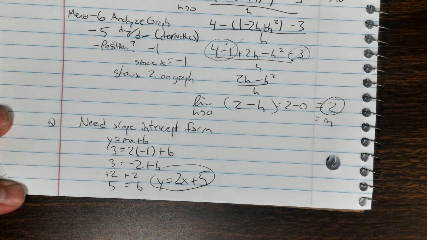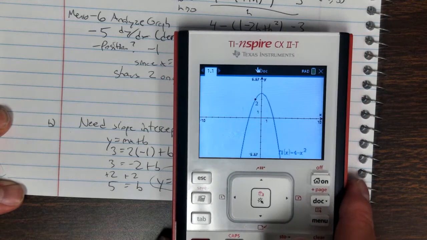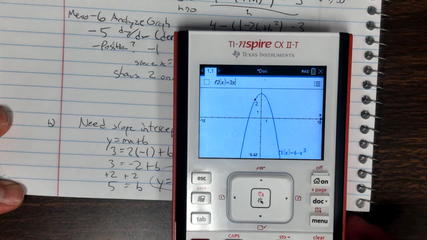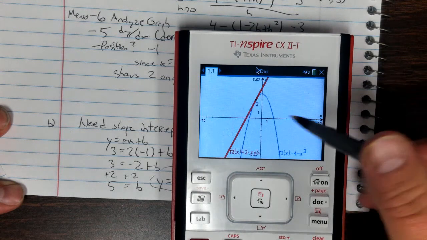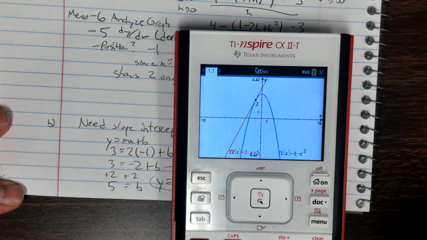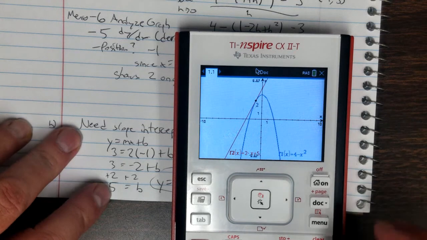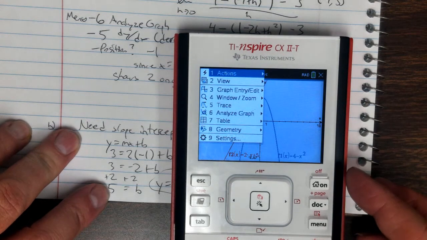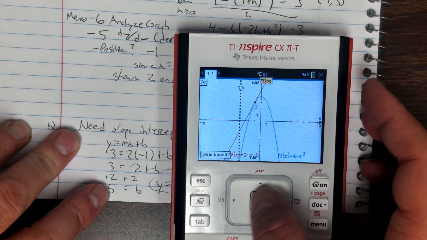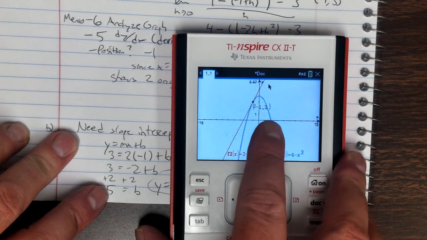One other thing is to check your answer on here. You can go in your calculator and press tab, and this is where you could say 2x plus 5. And that's what the tangent line looks like, and it only intersects where there's that 2. So to double check that, we do menu, 6 for analyze, 4 for intersection, and we go on the left side of it, click, go on the right side of it, click, and we get -1, 3.